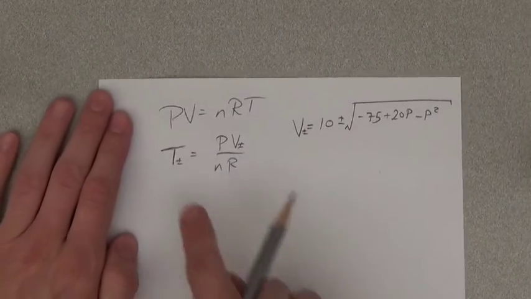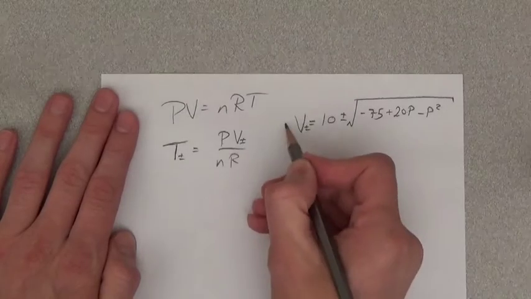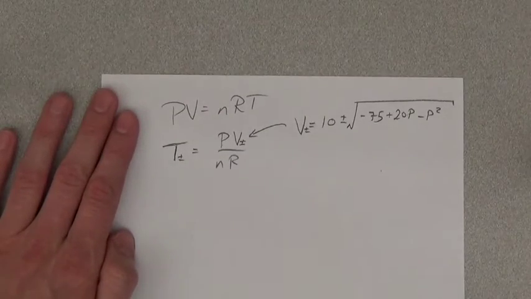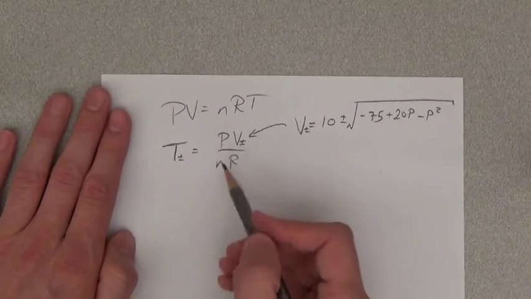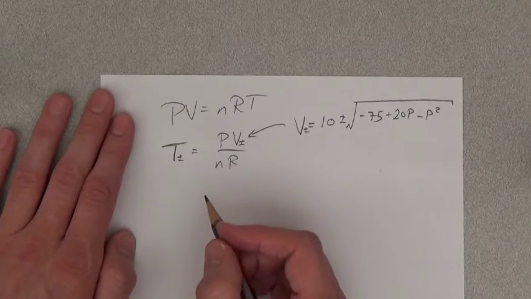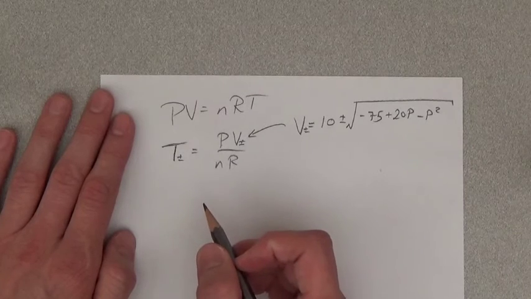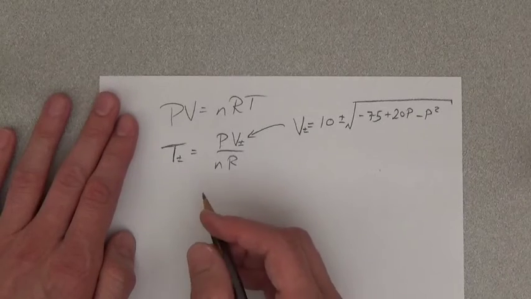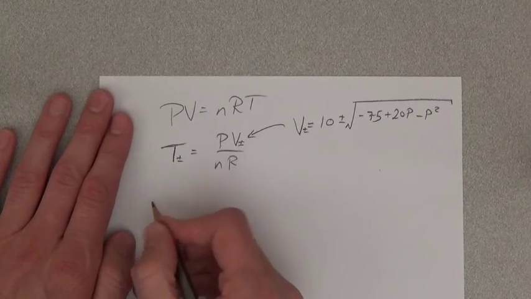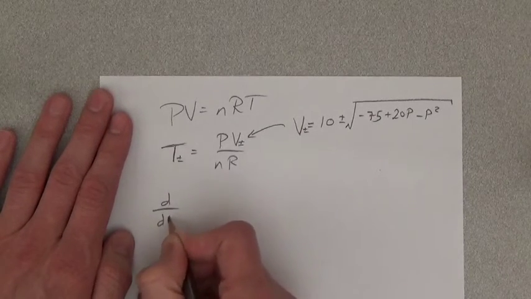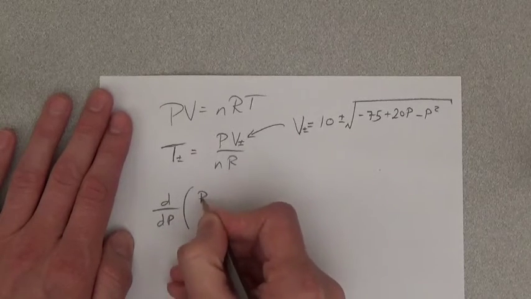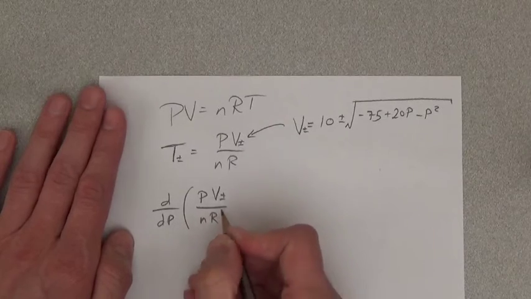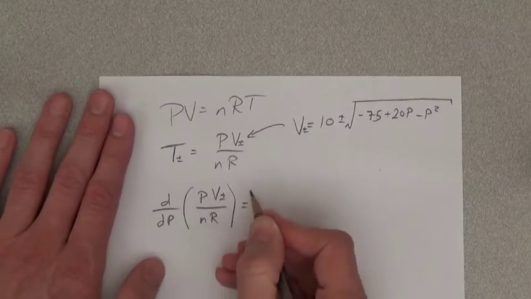And now we want to find the maximum temperature, having substituted in V plus and minus. And the way to do that is to take the derivative, set it equal to 0, and find P. And you can do that. It is a little messy. It's not impossible. But I solved it using Mathematica and basically found d/dP of P V plus minus over NR equals 0.